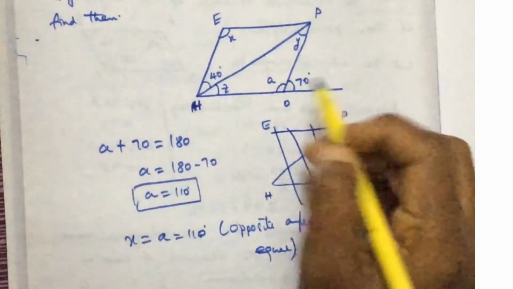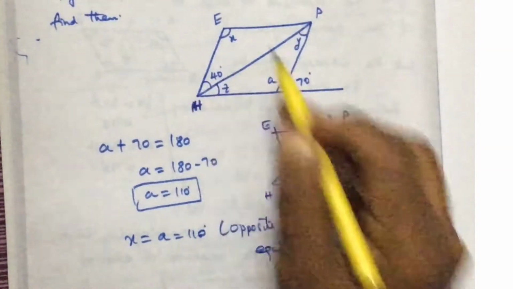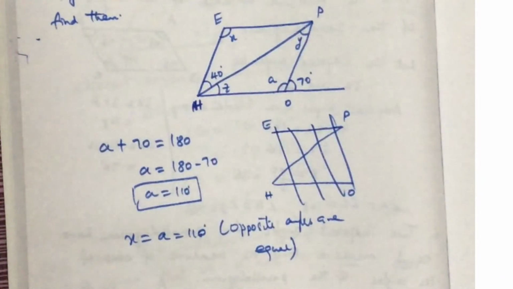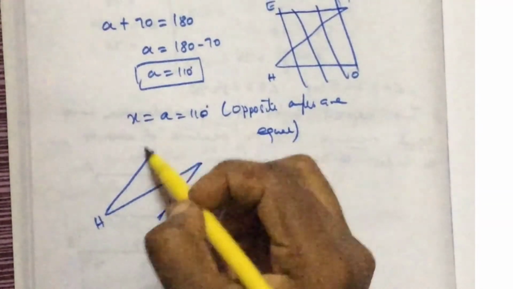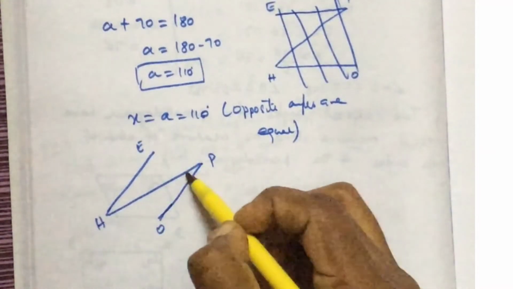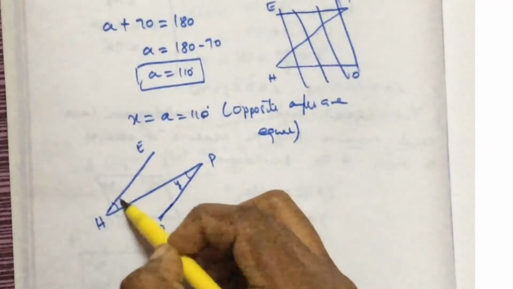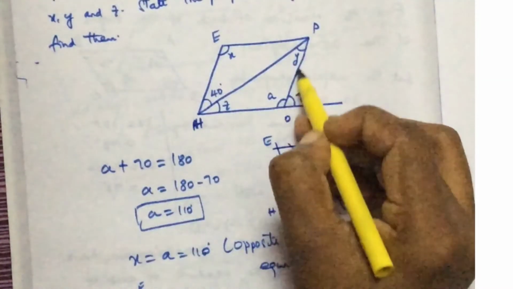Now, this point is O, this point is H, this point is E and this point is P. This is Y and this is 40. I have drawn from here to here.